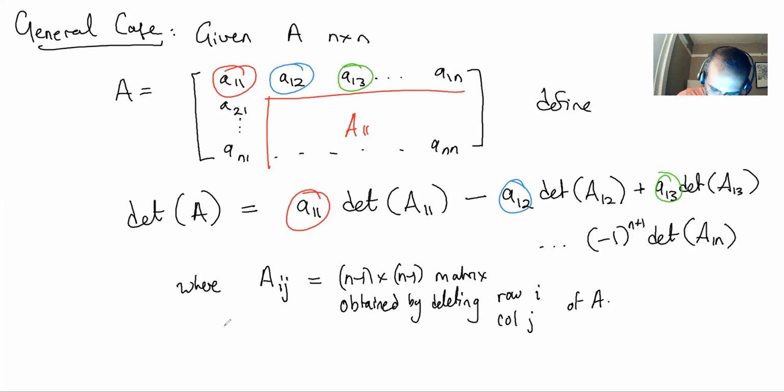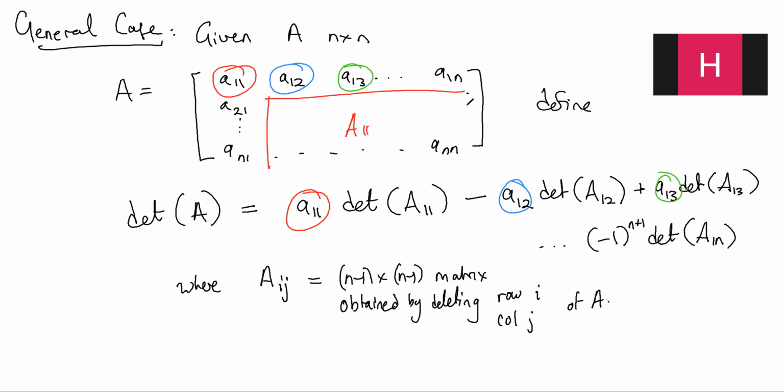But the high level idea of this is, why is this a definition actually? Maybe this is the first time you're seeing a definition like this. Because it's not actually a formula, right? It's expressing a determinant of A in terms of determinants of some other matrices. So why is this a definition? Isn't it recursive?